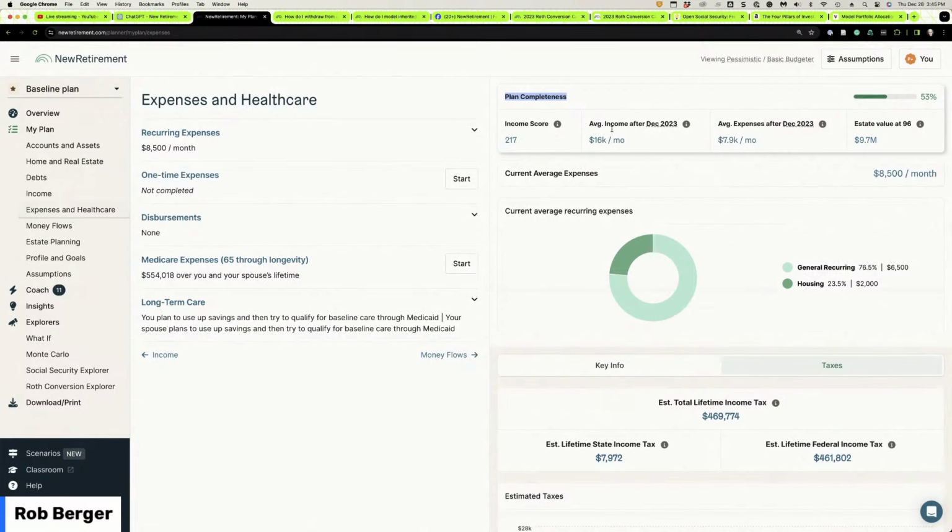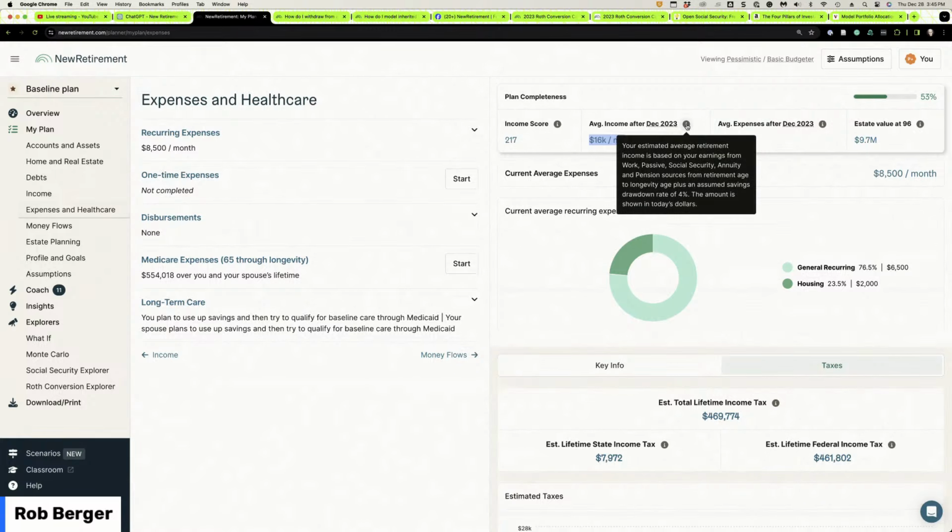The question was that this average income didn't seem to match what the person was actually spending. If you hover over the little information icon, it says your estimated average retirement income is based on your earnings from work, passive income, Social Security, annuities, pensions, from your retirement age to longevity, plus an assumed savings drawdown of 4%. In today's dollars, meaning it is adjusted for inflation. That's how they calculate this average income.